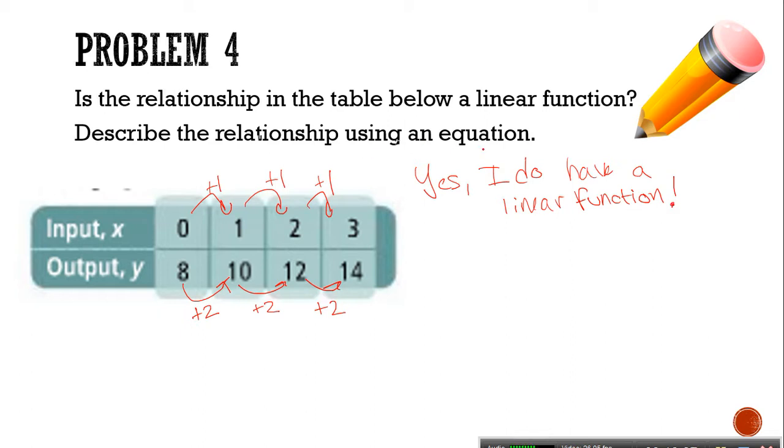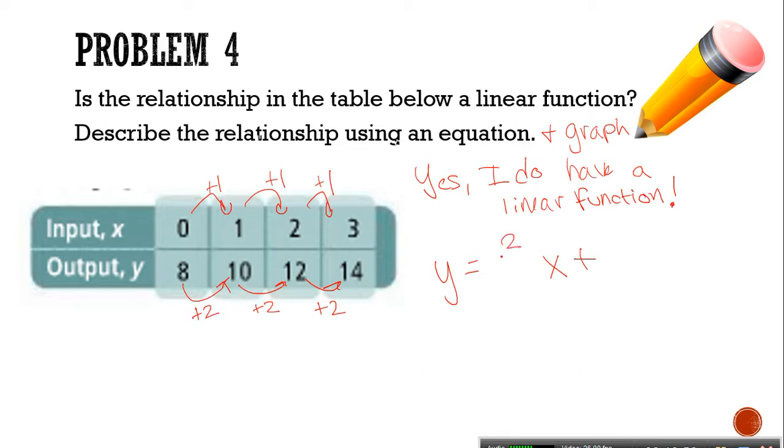Now, I need to make an equation, and we're also going to graph this one. We didn't graph number 3, but we're going to graph number 4. So now, I'm going to find my equation. So I got y equals mx plus b. Now, I need to find my m. If you remember, my m is always the difference of y over the difference of x.